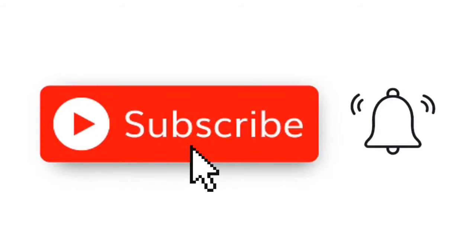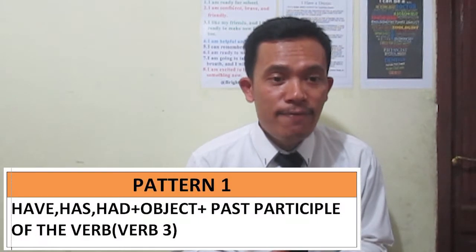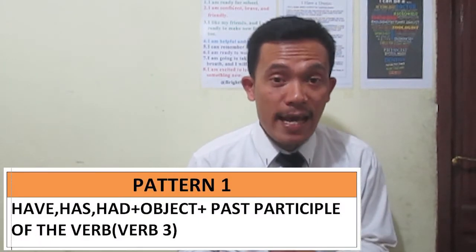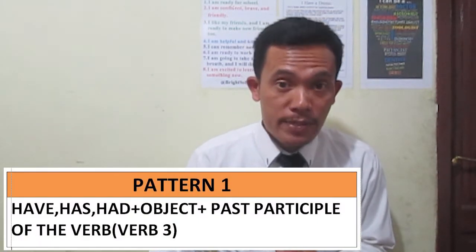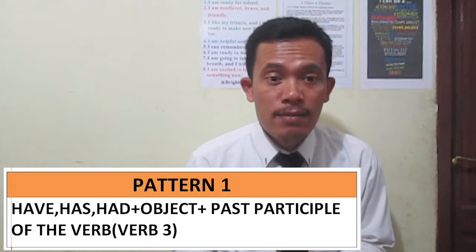Well, the pattern that we can consider before we learn the passive causative is, let's check this out. The first pattern is have, has, and had plus object plus past participle of the verb.